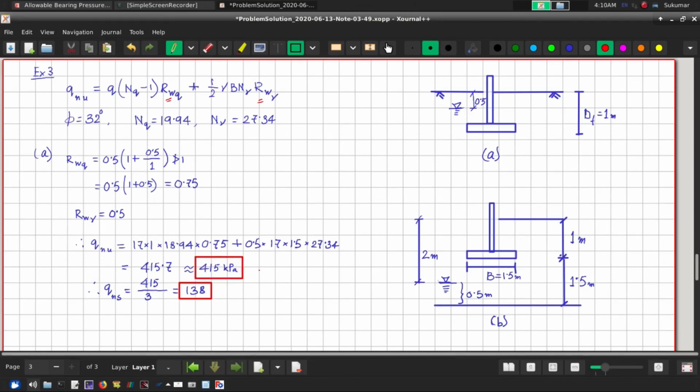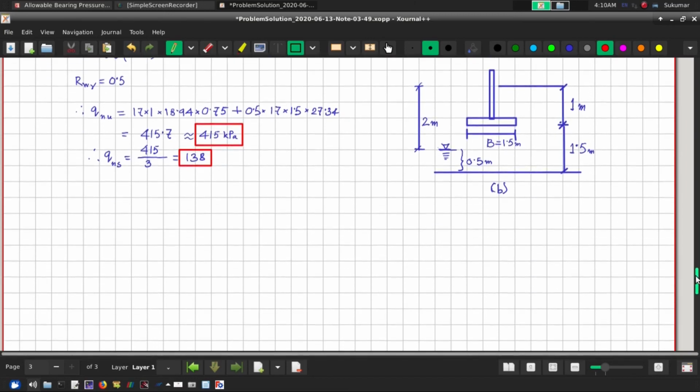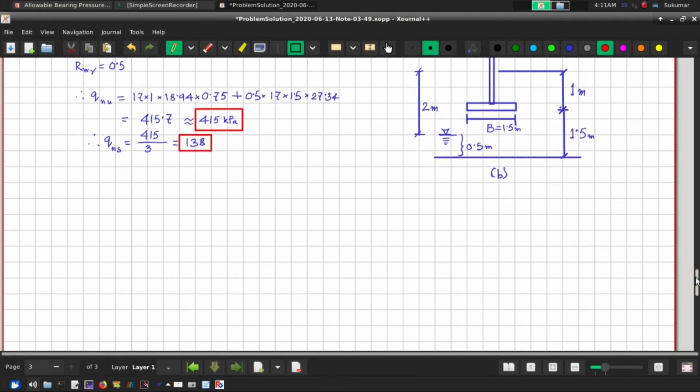So these are my results for case A. Similarly for case B, what will be my value of RWQ?